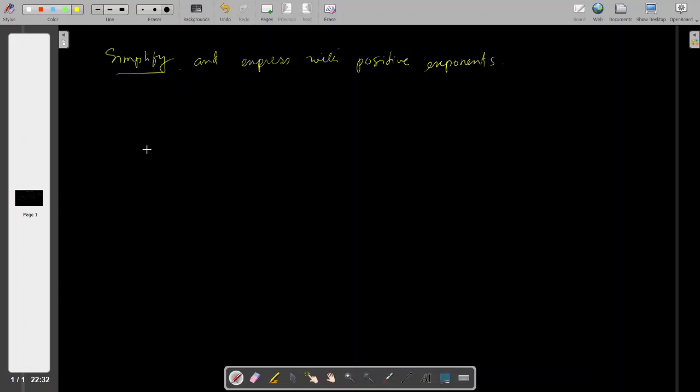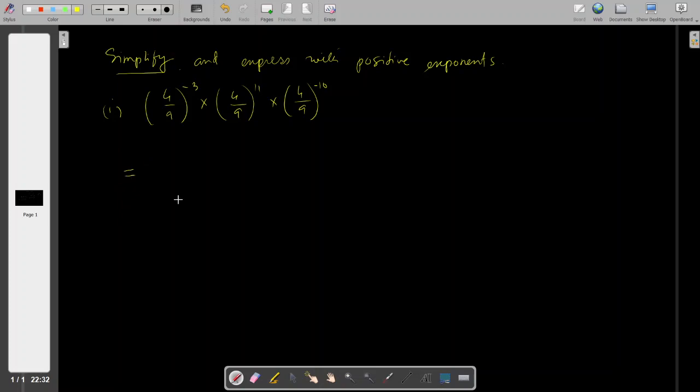First I'll take a simple question. You're given (4 by 9) to the power minus 3 into (4 by 9) to the power 11 into (4 by 9) to the power minus 10.